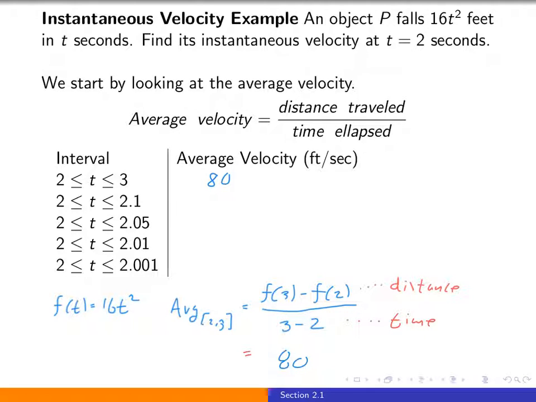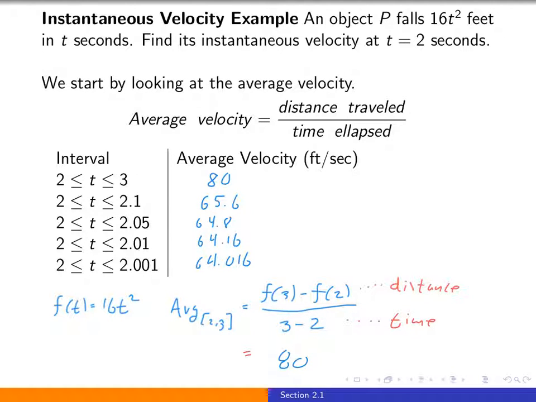And using a calculator and filling in the rest of these values, I found on the interval from 2 to 2.1, it was 65.6. From 2 to 2.05, 64.8. 2 to 2.01, it was 64.16. And from 2 to 2.001, 64.016.